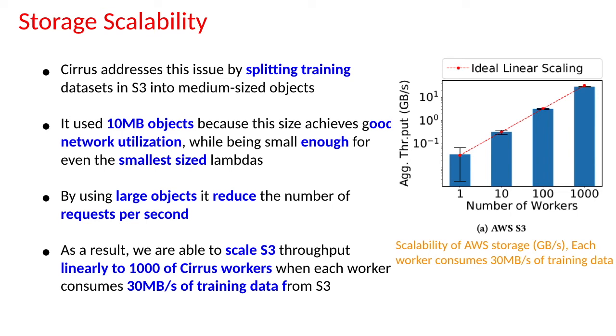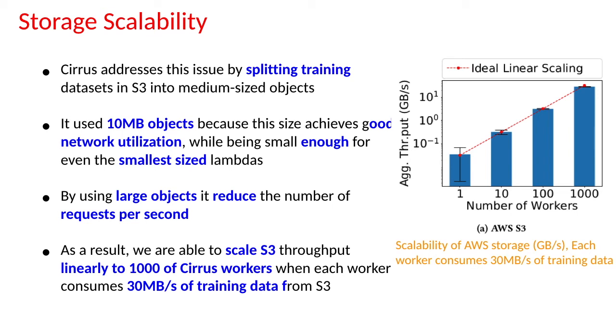Let's see the storage scalability. CIRRUS addresses this issue by splitting the training dataset in S3 into medium-sized objects. It uses 10 MB objects because this size achieves good network utilization while being small enough for even the smallest size Lambdas. Also, by using large objects, it reduces the number of requests per second.